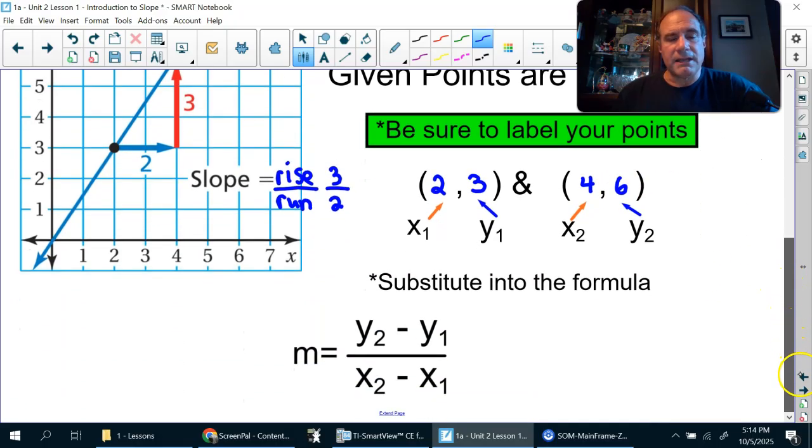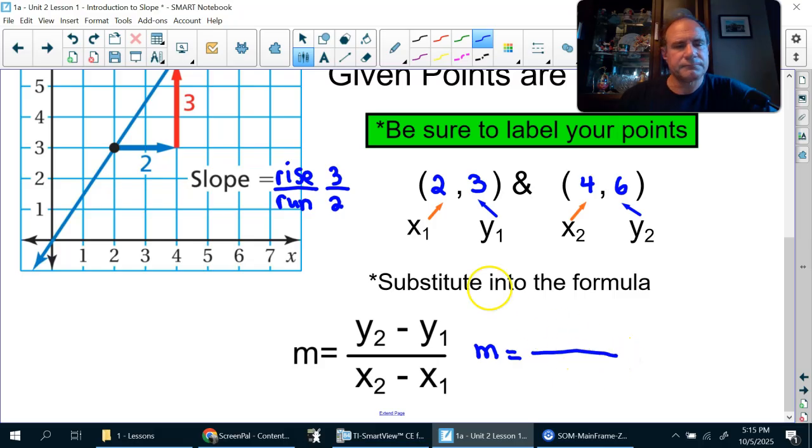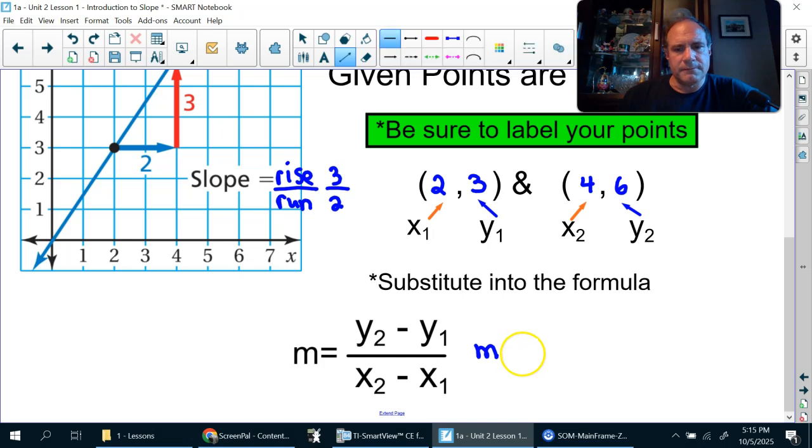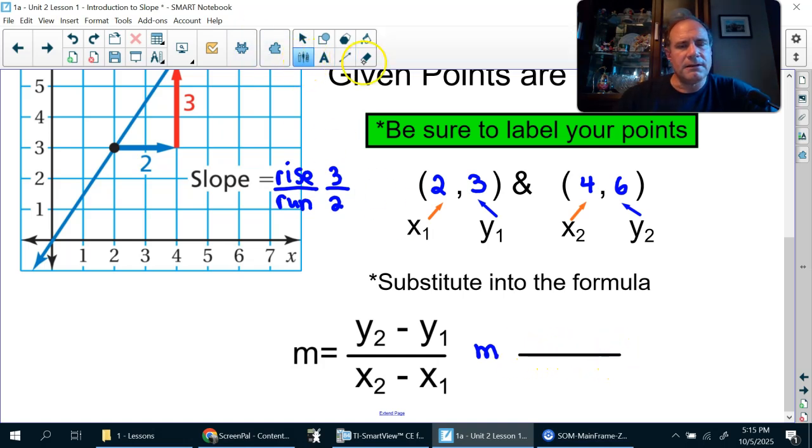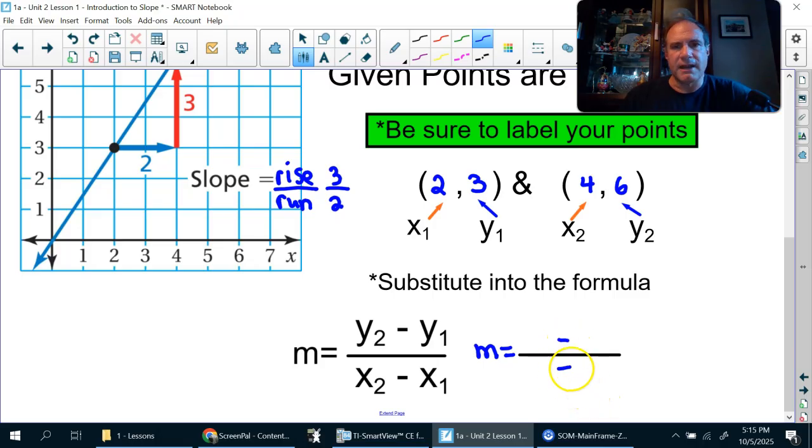So now we're ready to substitute into the formula. We're going to put m equals, put a line there, and we're going to put the minus signs in the middle already.